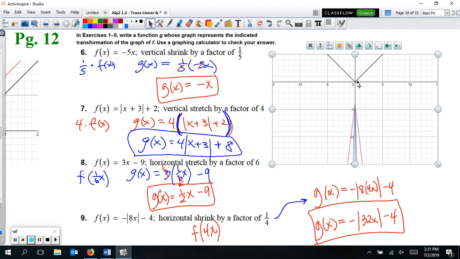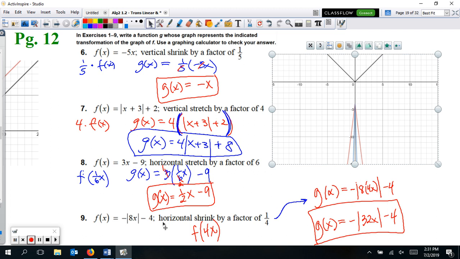You can see how it got narrower than this one. So it did have a stretch here, because that 8 is bigger than 1, right? It's more than 1, so it's going to stretch it. And when we get it even to 32, it's going to stretch it even more. So the blue one is our g of x function. So it stretched it even more when it was 32. So you can see how that works with the stretching.